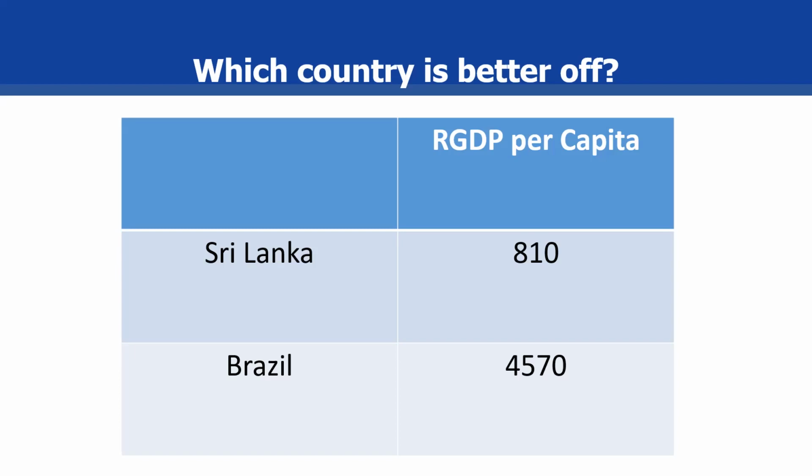In terms of economic growth, by looking at these two numbers, you can tell, yes, Brazil has higher real GDP per capita, so economic growth rate should be higher in Brazil. Of course, we need to also have the data for the previous year, right, to kind of measure that economic growth. But at the same time, these two numbers cannot tell you which country is more developed.